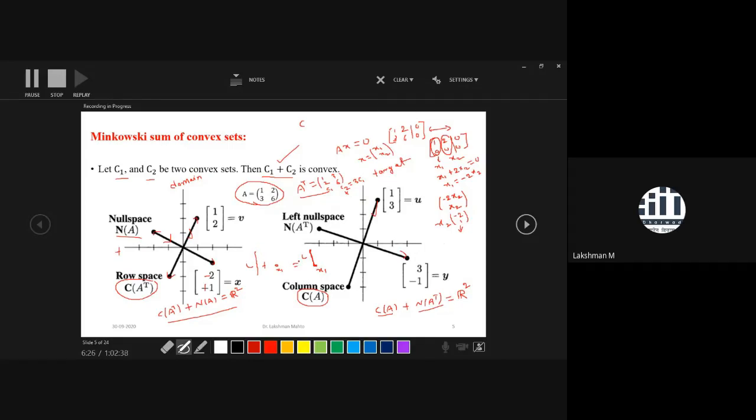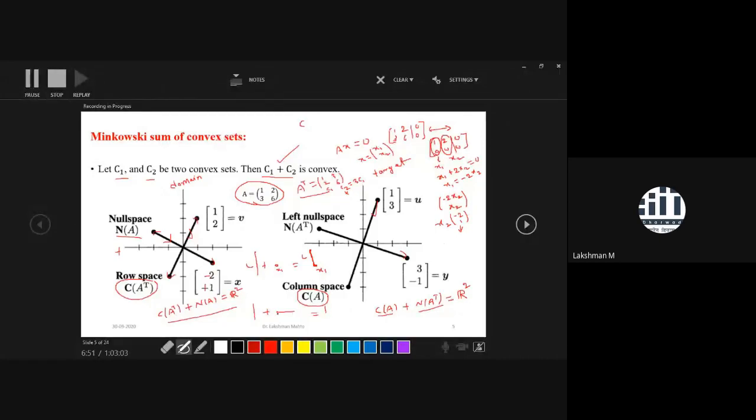Like this way, if you take two perpendicular lines, one line vertical and another line horizontal, and sum them up, it is just an extension of the summation of a line with a point. You take one point here, then sum with the line, and you will get a vertical line.